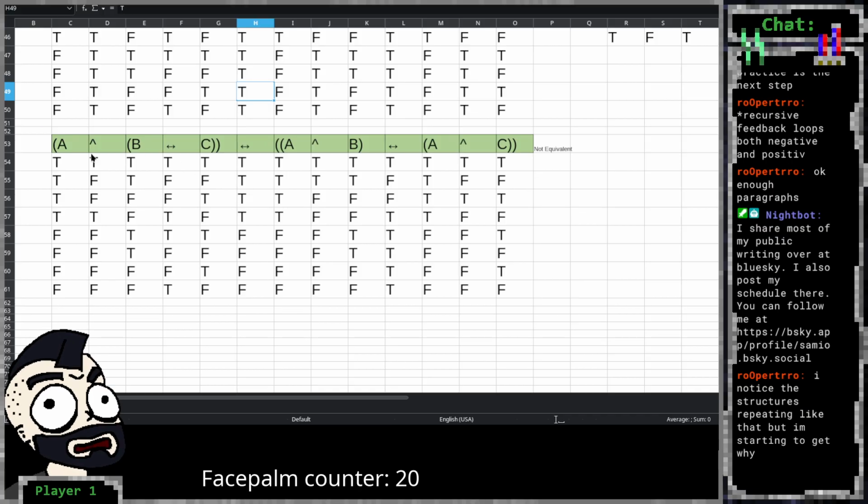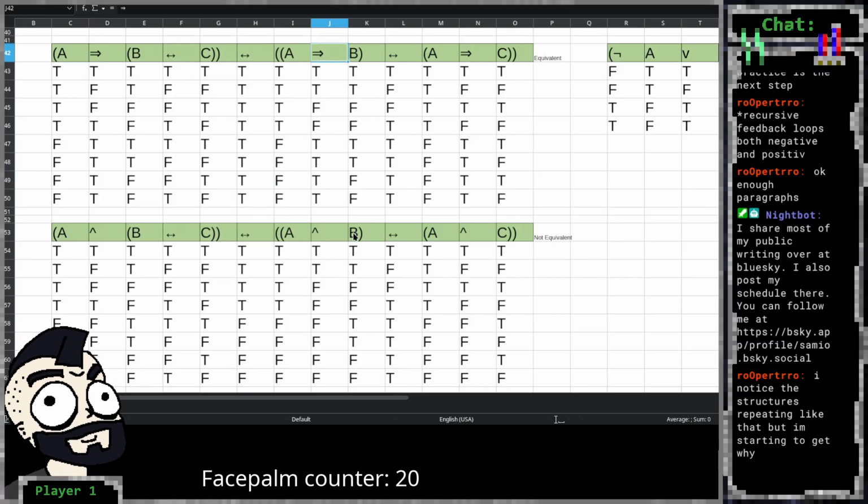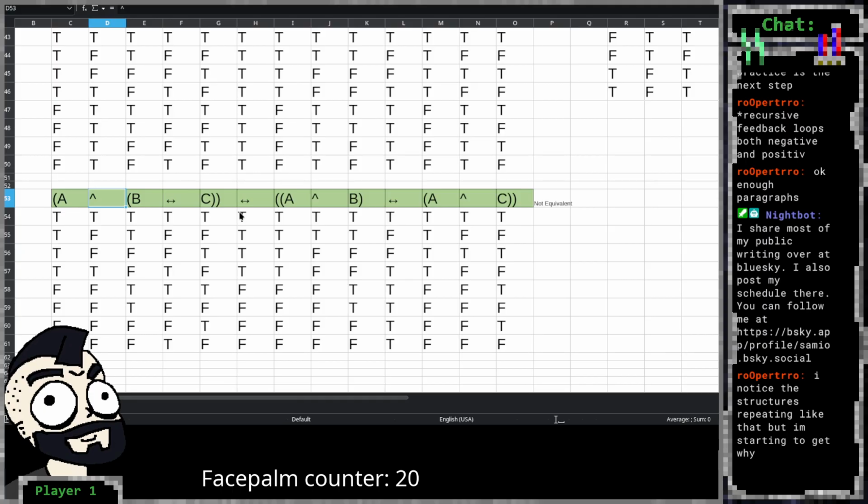So we have A and, okay, basically very similar to this one, but with conjunction instead of disjunction. So it's not going to be equivalent because the conjunction is a lot more demanding.